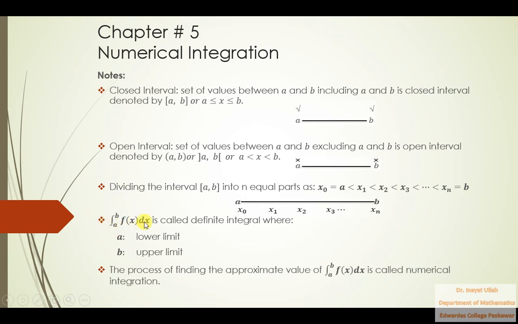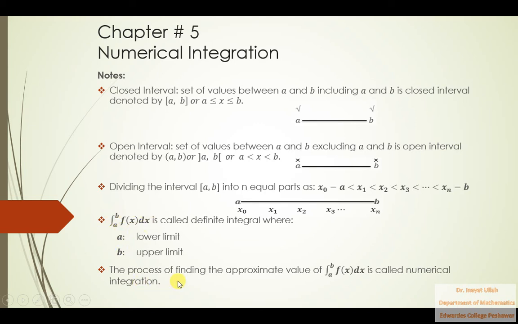We can calculate this value from the definition, and now in this chapter we will find the numerical value of this integral. Numerical value of this integral means that we are going to find the approximate value of this definite integral.